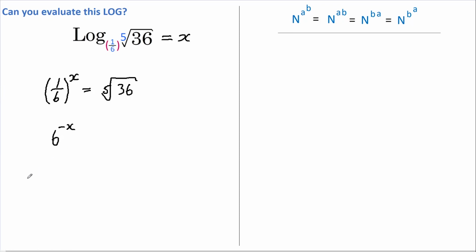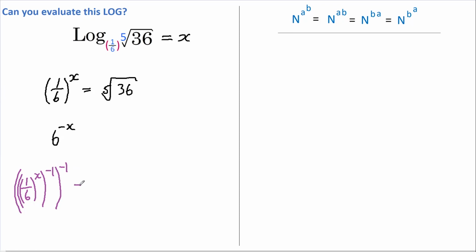An alternative approach would be to take the 1/6 to the power of x, raise all of this to the power of -1, and then raise all of this again to the power of -1. Since -1 just means invert, what we've done is we've inverted this and then inverted it back again.